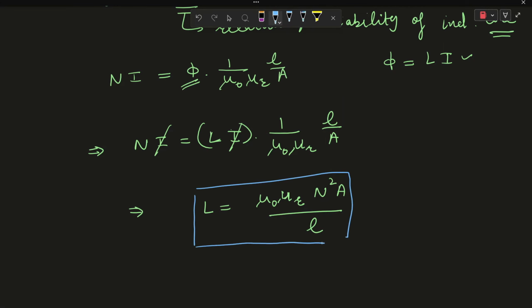We will use this expression to solve various kinds of numerical problems.